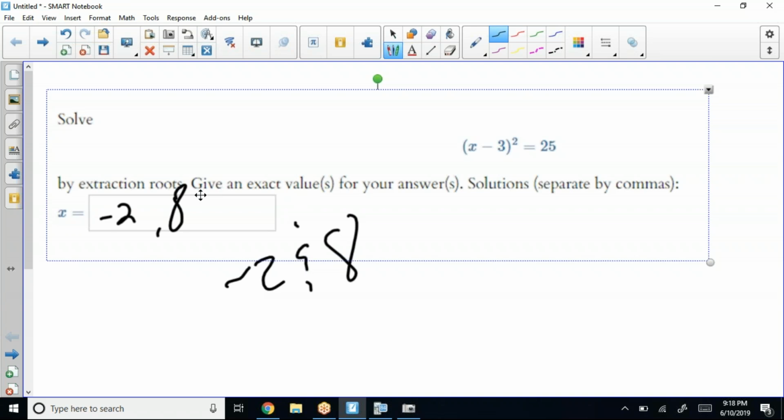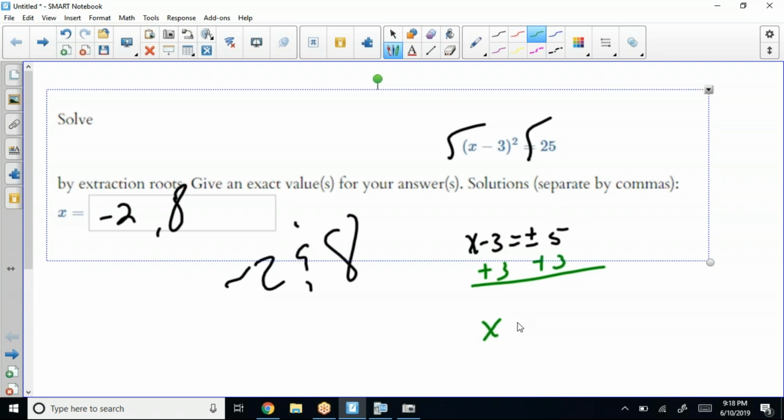All right. Now, there's a square root method that you could do if you remember it from algebra. Where you just take the square root of both sides. So you take the square root of x minus 3 squared, and the square root of 25, so it'd be plus or minus 5, and then +3.